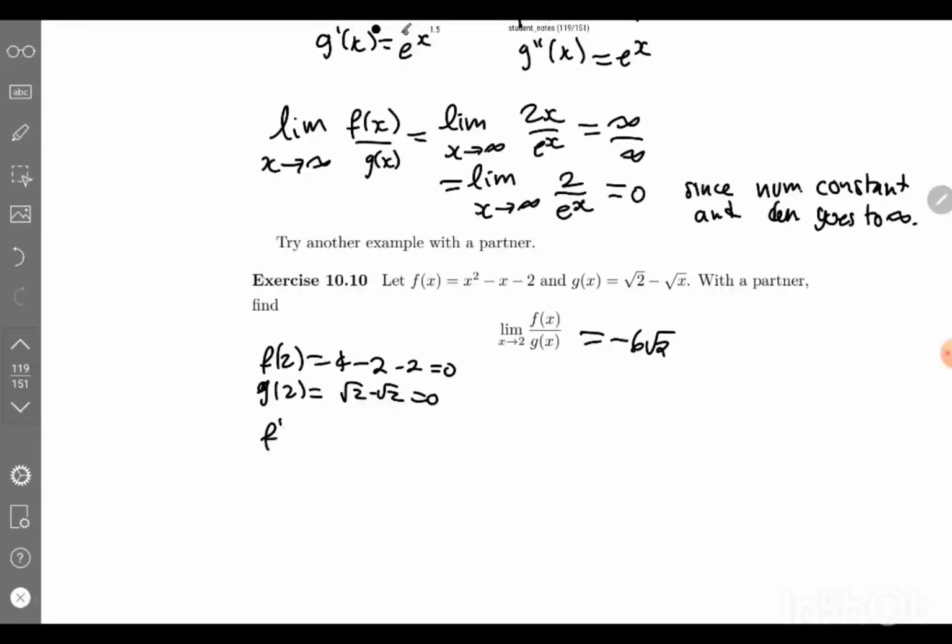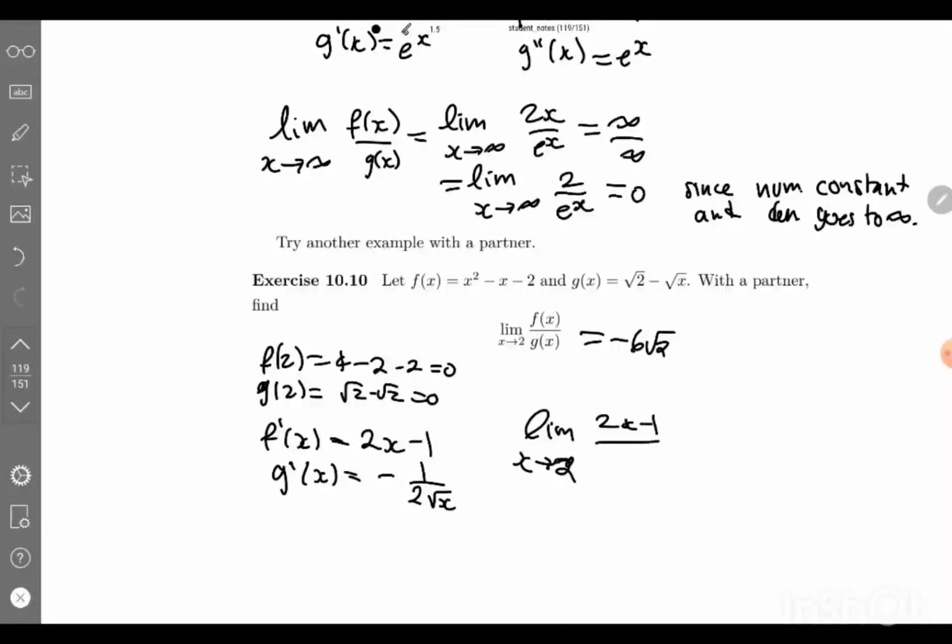Then we take the derivative. So f prime of x is just 2x minus 1, and g prime of x is just minus 1 over 2 square root of x. Is that okay? I'm just double checking with the person who asked the question. From here, we look at the limit as x goes to 2 of 2x minus 1 over minus 1 over 2 square root of x.